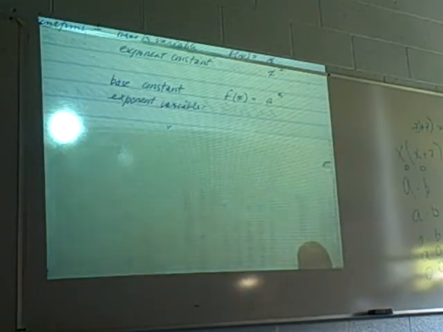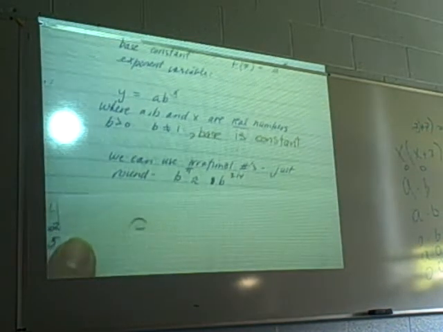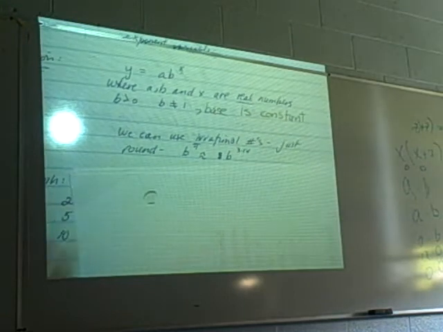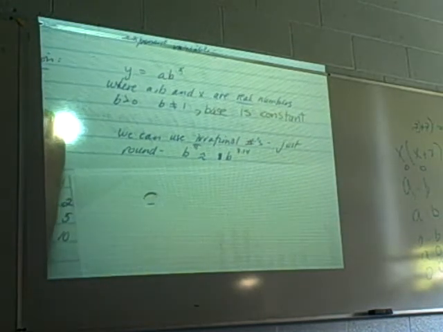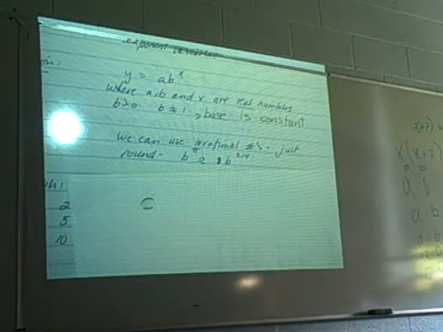All right. So I'm going to give you a definition, and we'll talk about the definition in a few minutes. I just want you to know that we have y equals a b to the x. That's the form that exponential functions have, and it's a definition. Okay, what makes something an amphibian? There are certain things that make it, and you define what it is, and that's what we are going to do with exponential functions.